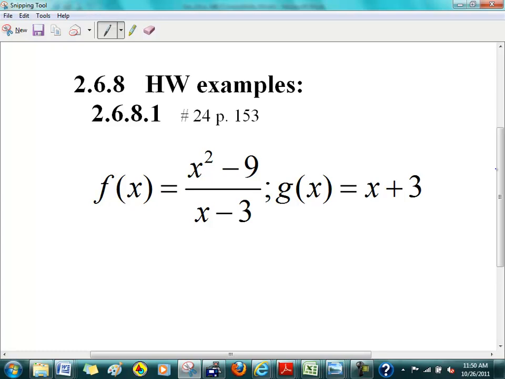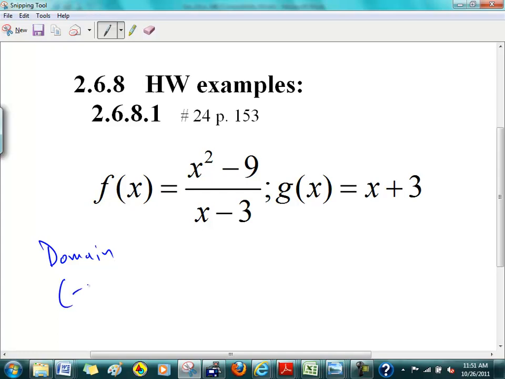But let's go through the instructions here, okay? It says determine the domains. Okay? So for f, what's the domain? So for domain, you might want to think of what x cannot be. Is there one value that x cannot take for f? It cannot take 3.